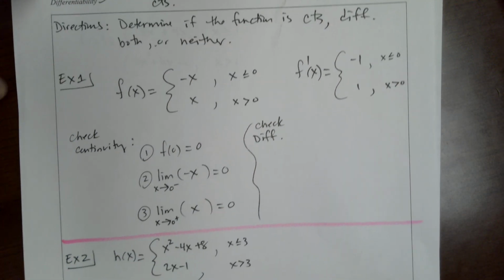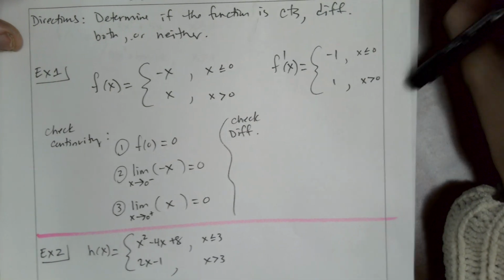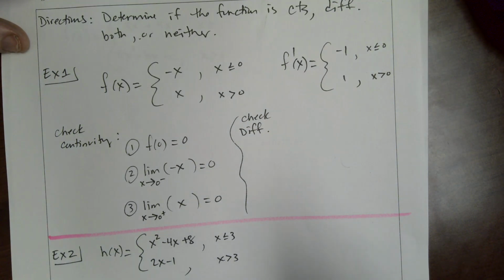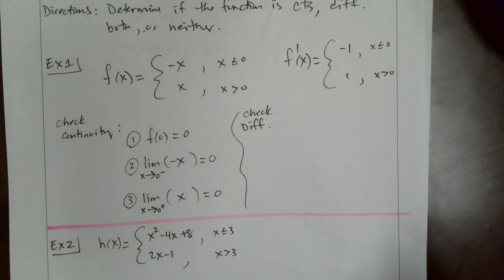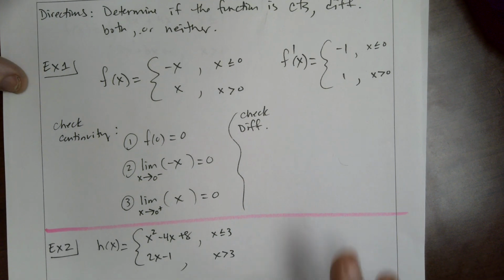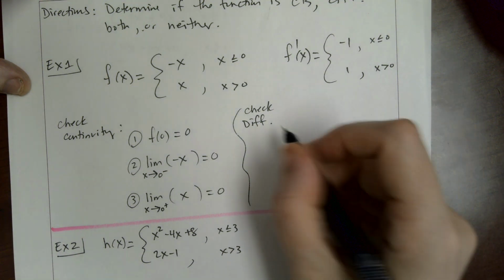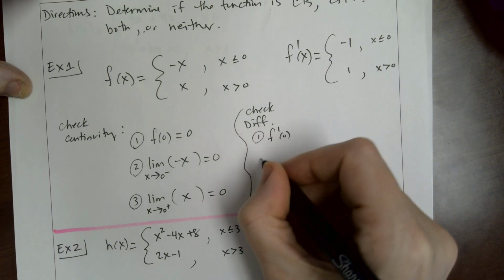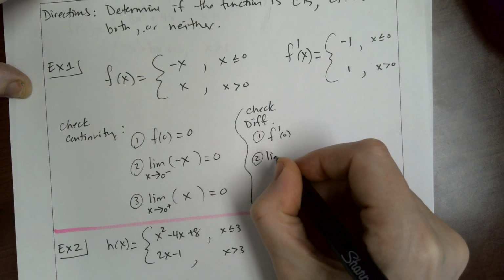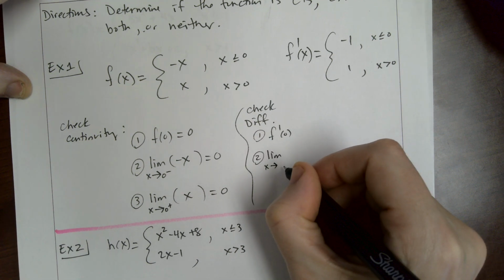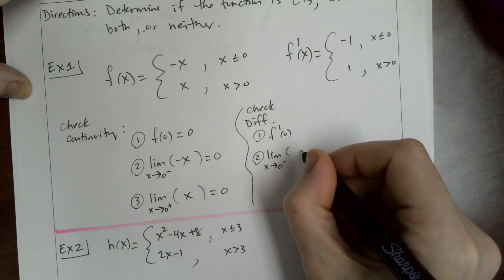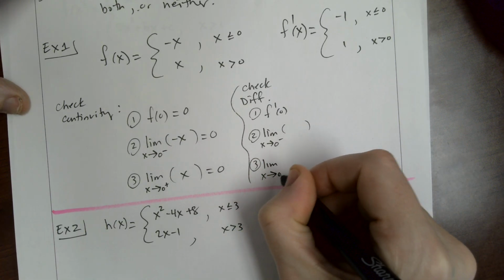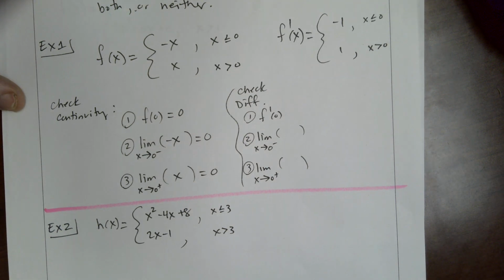Okay, so now we've got to check to see if the derivative is also continuous. And if it is, then our answer is continuous and differentiable. Okay, so first we've got to do f prime of 0, then the limit as x approaches 0 from the left, and then the limit as x approaches 0 from the right.